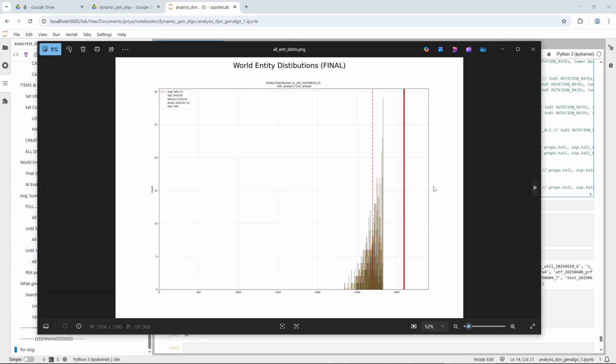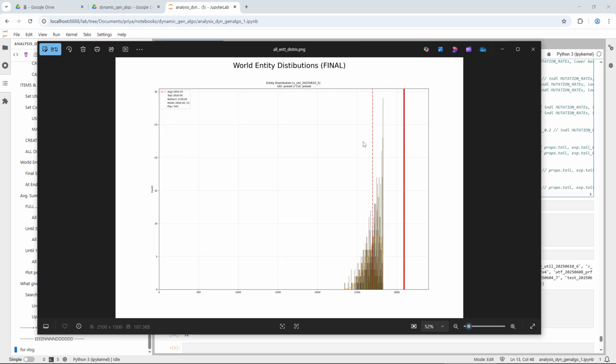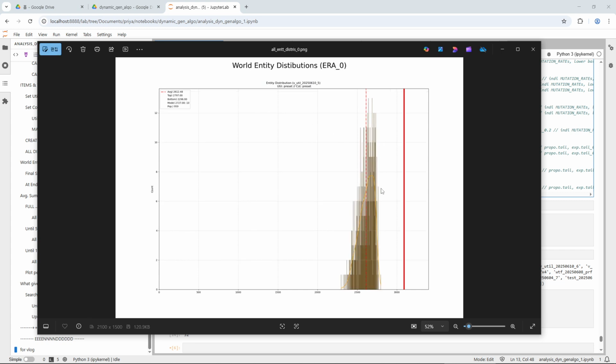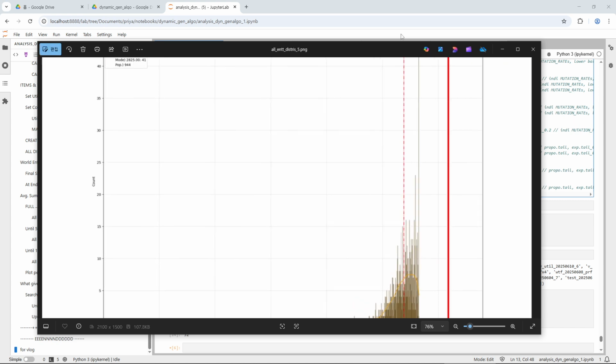Here are the distributions. So this is where both sets of values are varying, the utility values and the constraint values, and that's quite fun. Okay, here are 2 generation 400, 500, 600.